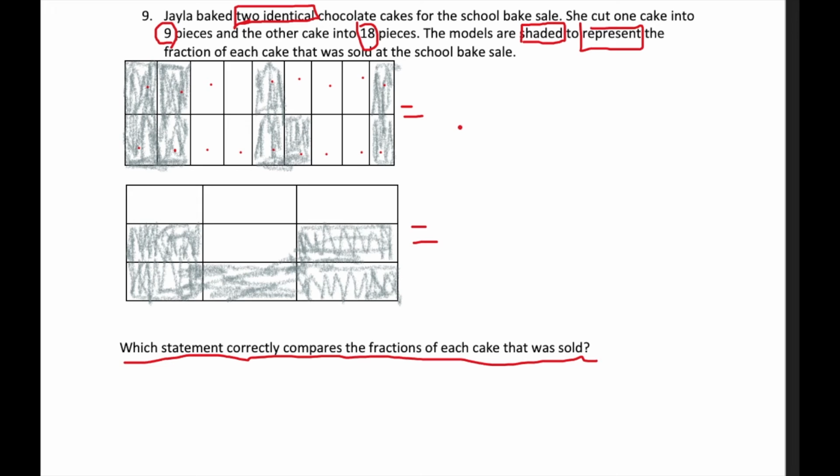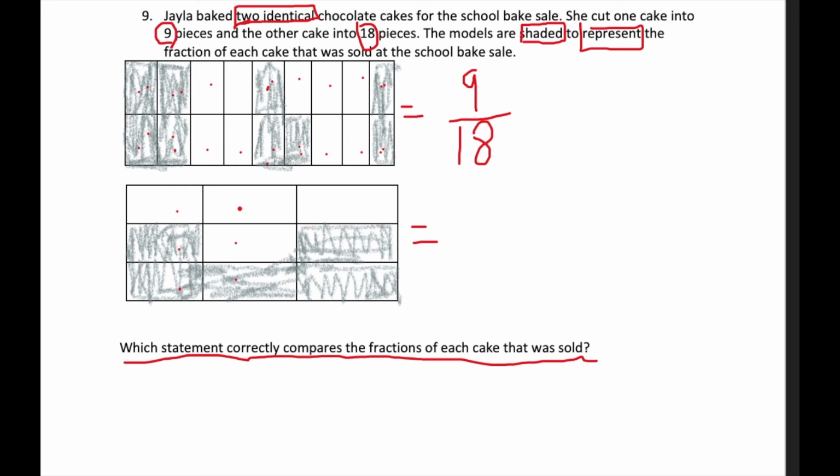So we have 18 total parts. So that means that's going to be our denominator. Then how many do we have shaded? 1, 2, 3, 4, 5, 6, 7, 8, 9. So 9 over 18.